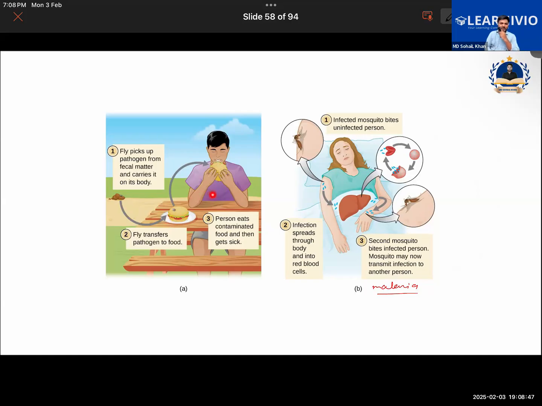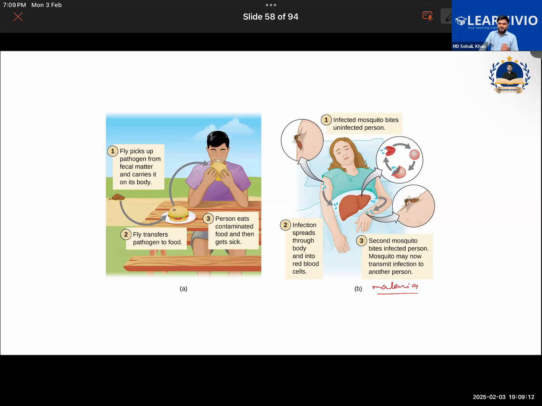When the same food is eaten by a person, he or she becomes sick, as he or she has eaten contaminated food. Similarly, for malaria also, we have discussed how it spreads. The infected mosquito bites the uninfected person. The mosquito is said to be infected as the blood it has sucked is infected. It has plasmodium in it.